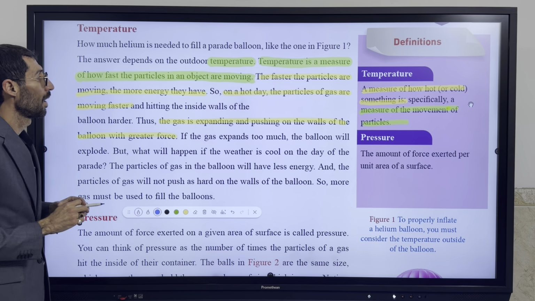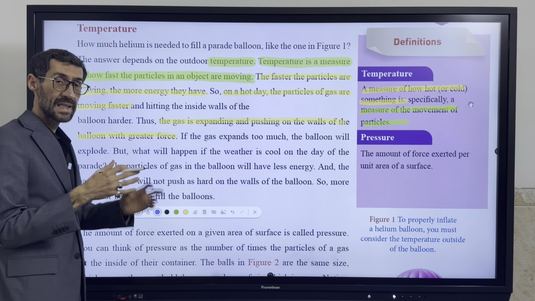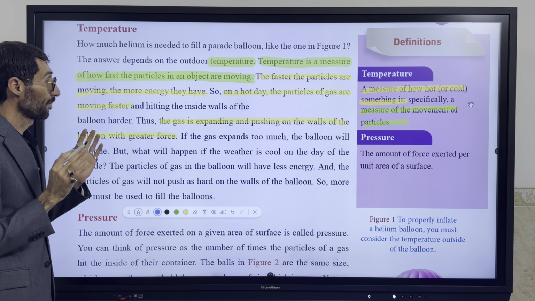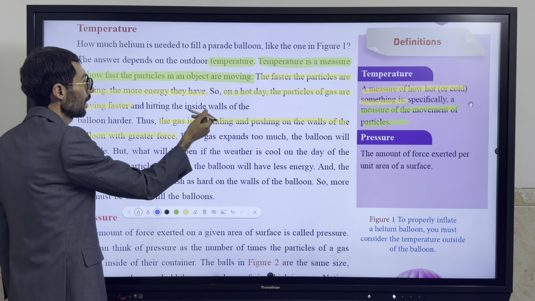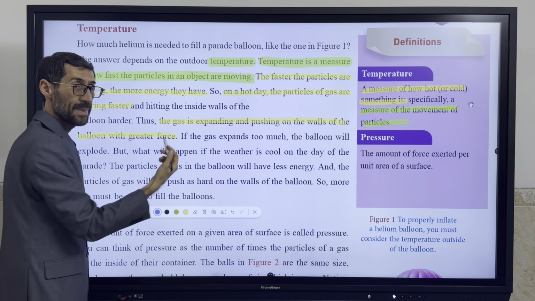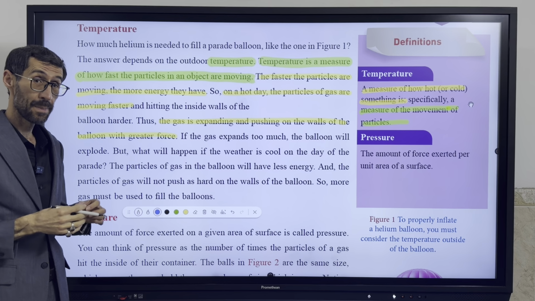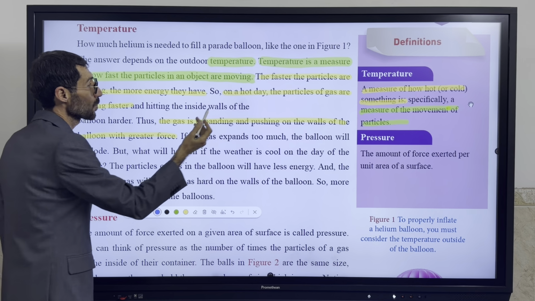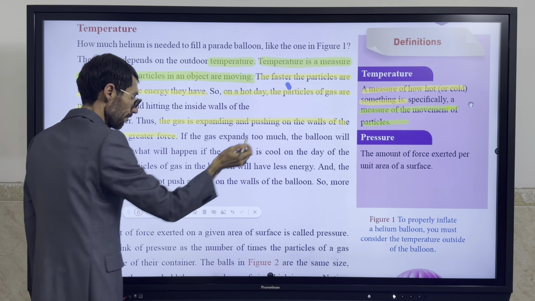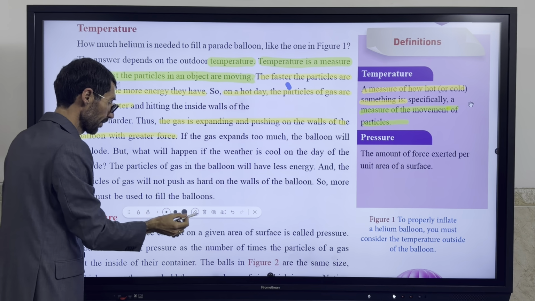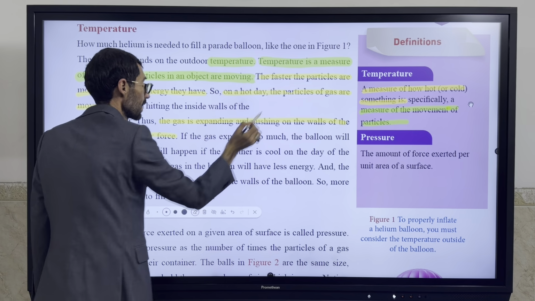For example, what happens to the size of the balloon on a hot day, or what happens when the temperature rises?